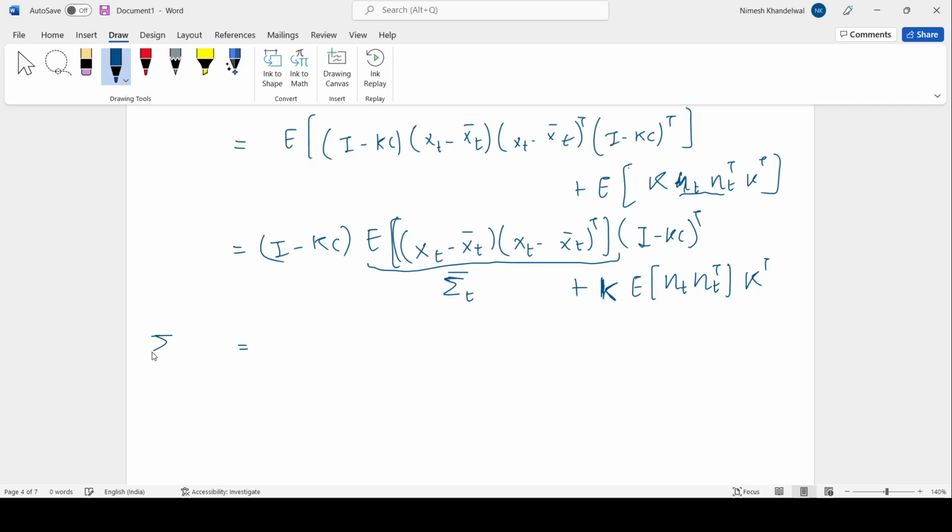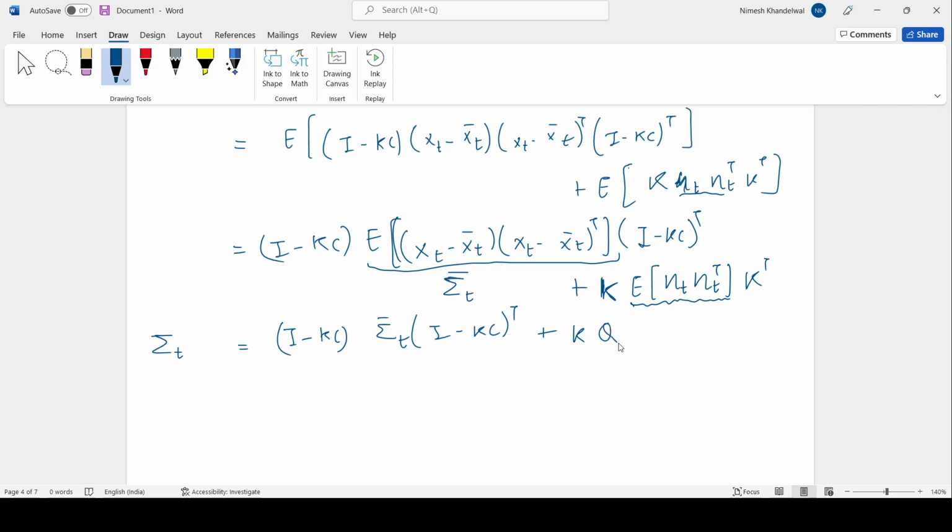Essentially my sigma at time t is coming out to be I minus K C sigma bar of t I minus K C transpose plus K, and now what is this thing? This is the variance in eta.